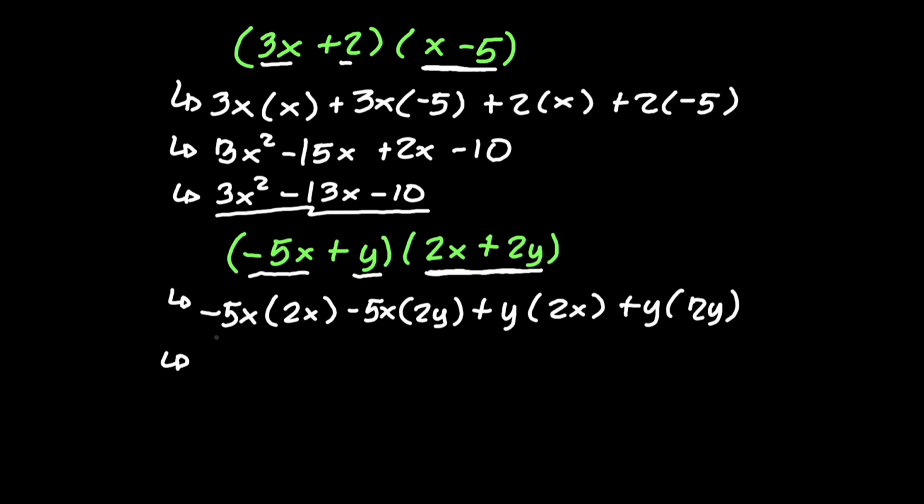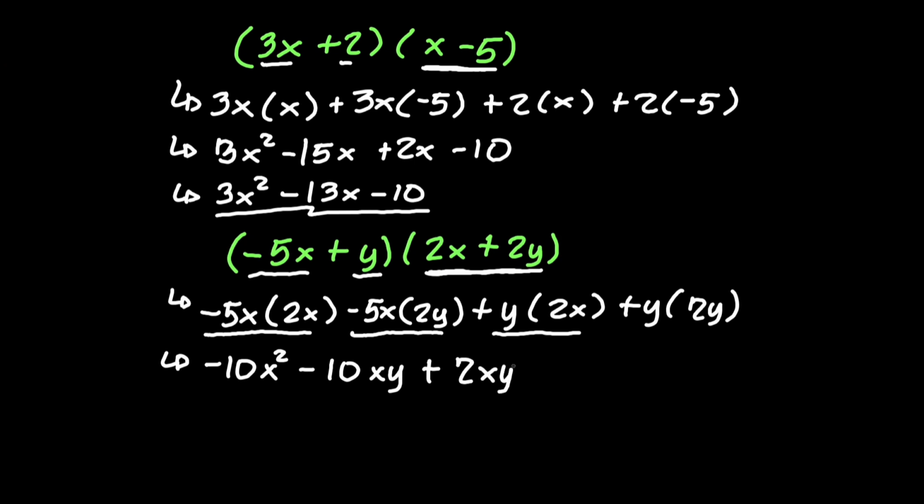Simplify this expression. Negative 5x multiplied by 2x would be negative 10x squared. Negative 5x multiplied by 2y would be negative 10xy. Plus y multiplied by 2x would be 2xy.